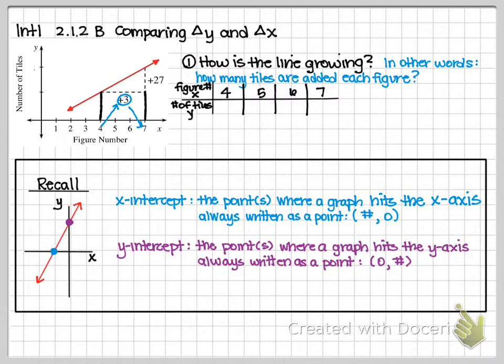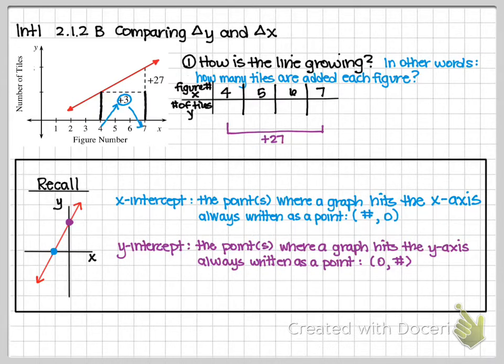So look back at my graph. I know that from the 4th figure all the way down to the 7th figure, this increased by 27 total tiles. Now, I also know that the graph is a line, so I've got this linear pattern to it.